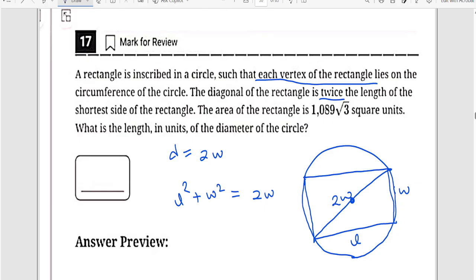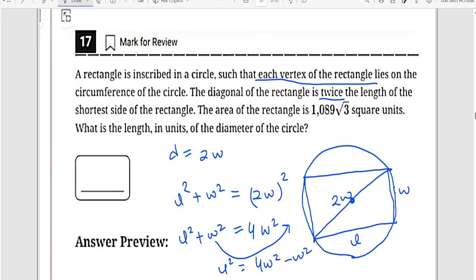The diagonal is 2w, so if I square it, 2 squared is 4 and w squared is w square. Now I move this w square this side, so this will become 4w square minus w square. This side I have l square.